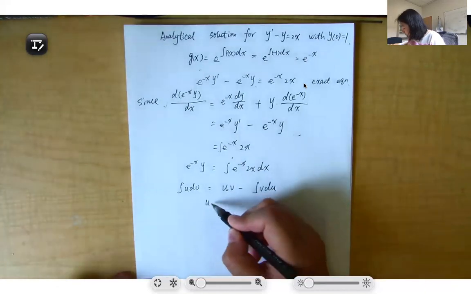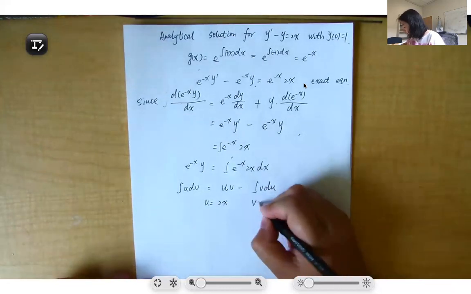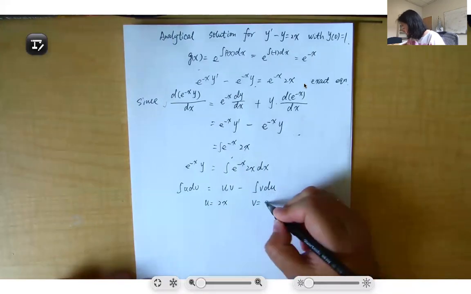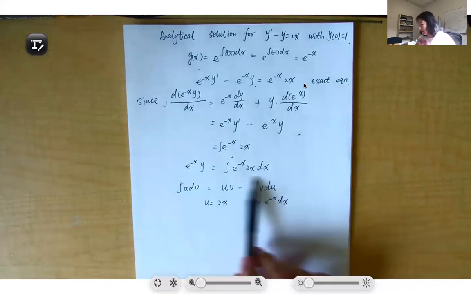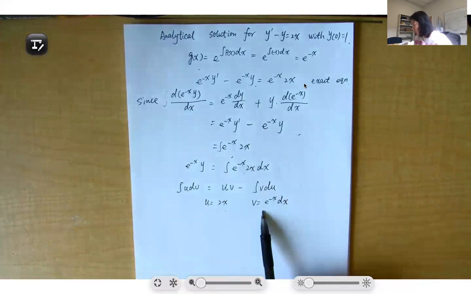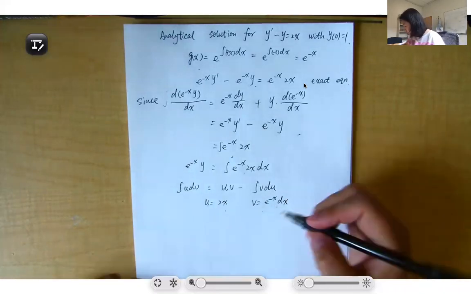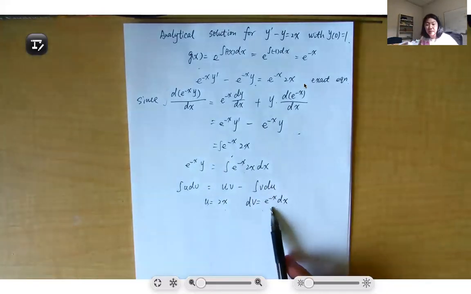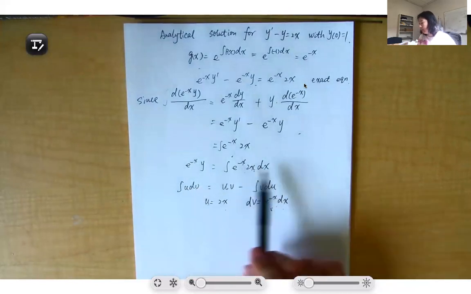Let's assume that u is equal to 2x, and dv will be equal to e to the minus x dx. That is separate from here. u equals 2x, dv equals e to the minus x dx. So this is u, and that's dv.